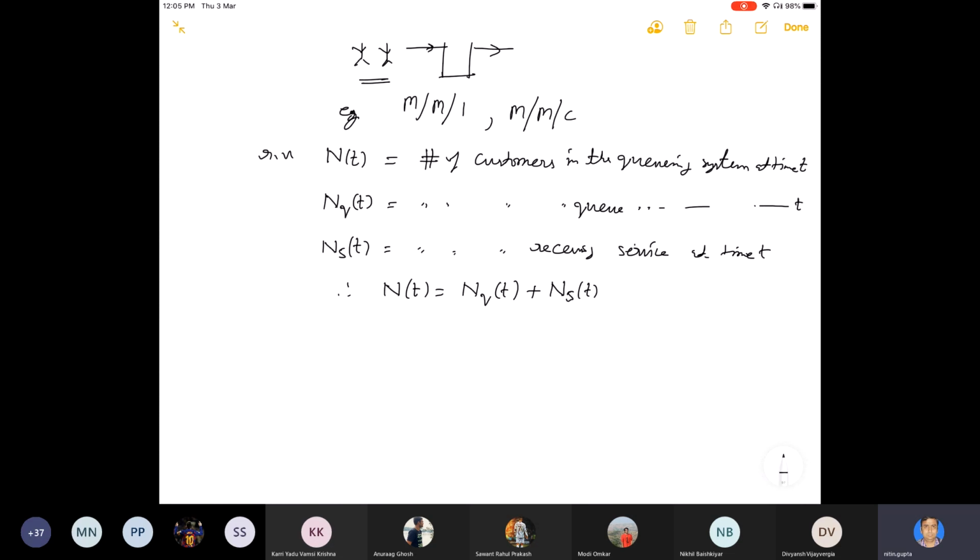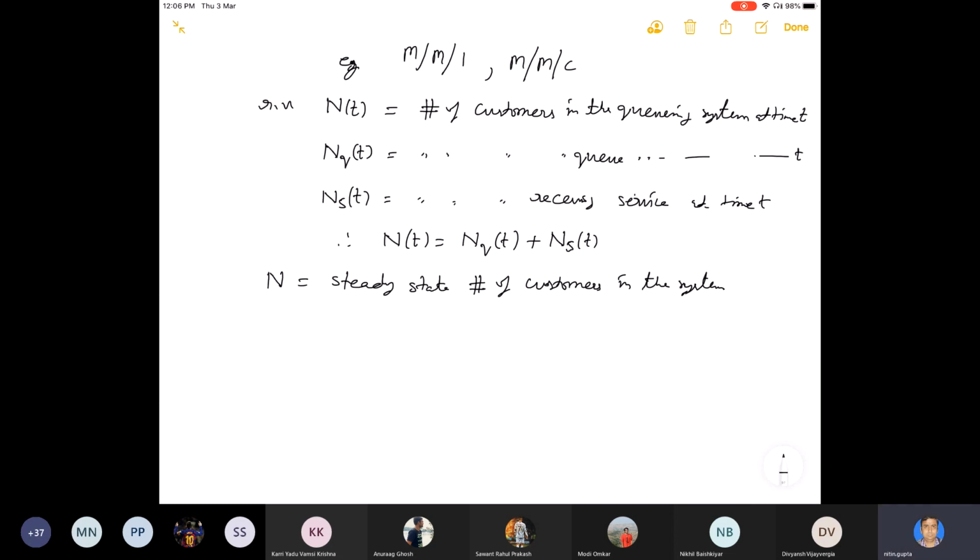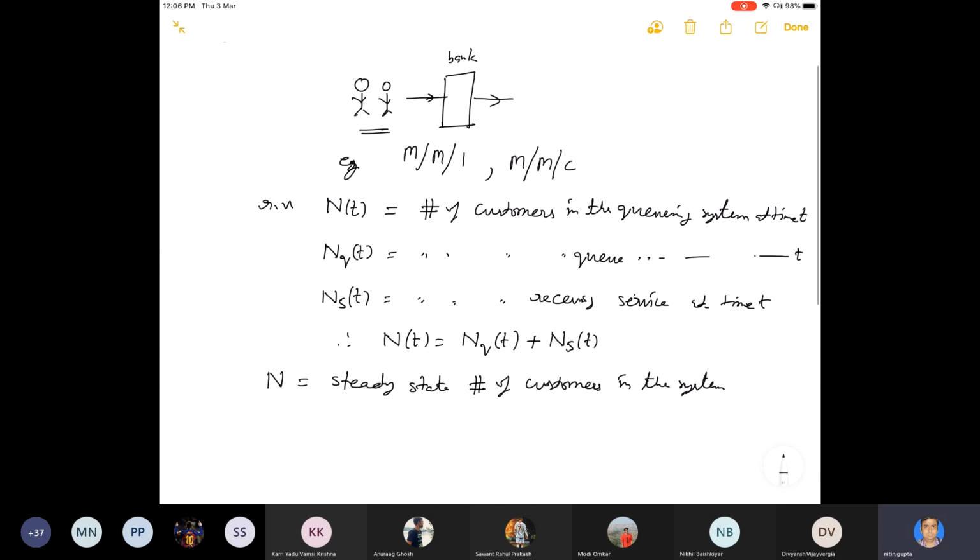We may have a steady state solution. That means as t goes to infinity, the steady state solution may exist. So let us assume N is the steady state number of customers in the system, that means in the long run when the system is working.